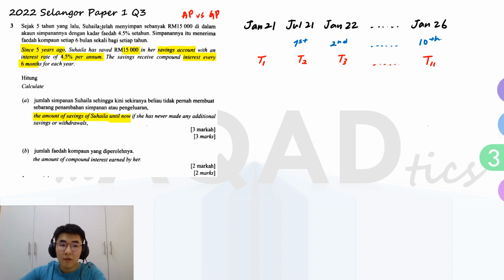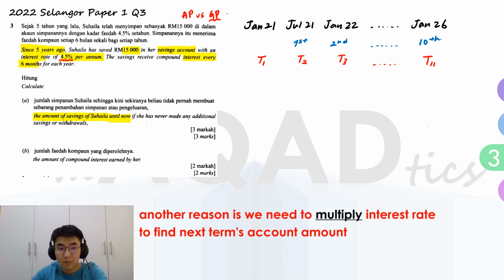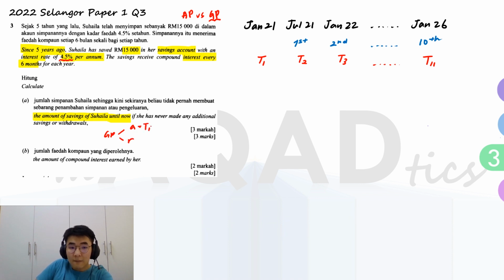So when I was explaining this question, we need to multiply the 4.5%. So since we need to multiply, this is actually a GP, geometric progression. Okay, so geometric progression requires two things. One is A and one is R. So A is our first term. So according to this question, our first term is 15k.